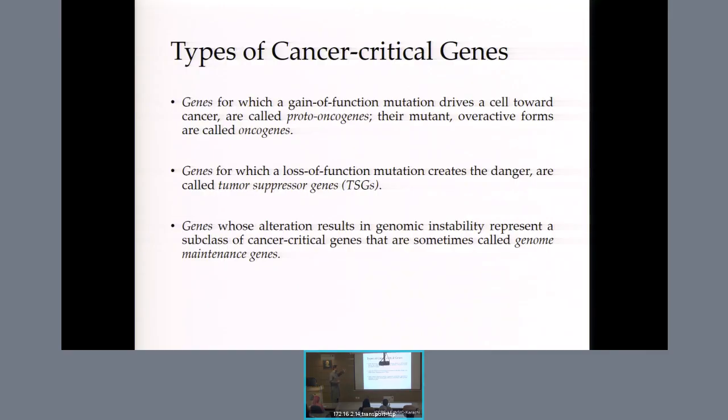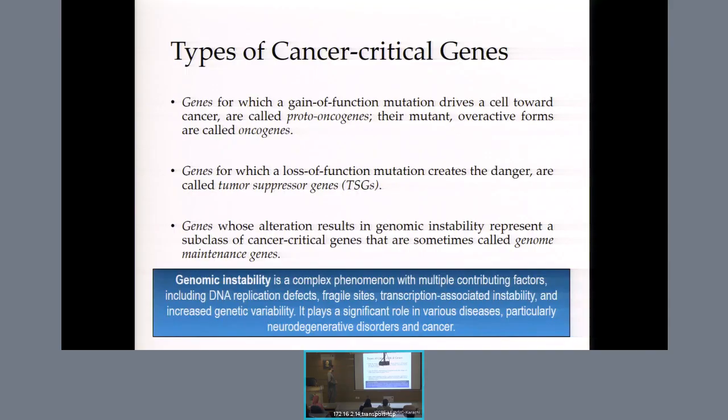Now within these types, for the important genes, we will shed some light on how this whole phenomenon starts. So what is genomic instability? It is a complex phenomenon with multiple contributing factors including DNA replication defects, fragile sites, transcription associated instability, and increased genetic variability.